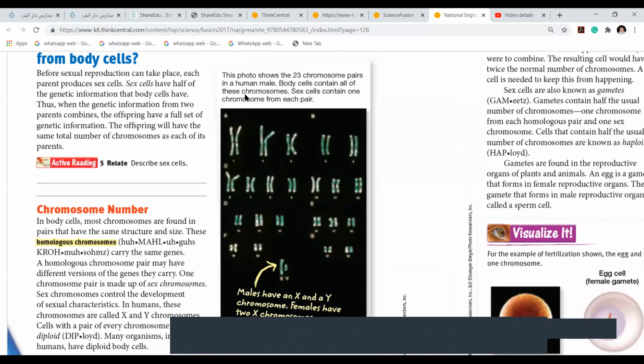This photo shows the 23 chromosome pairs of a human male. Whether a human male or a human female, how many chromosomes do we have? 23 chromosome pairs. Remember girls, pairs. So actually, total how many chromosomes does your body have?